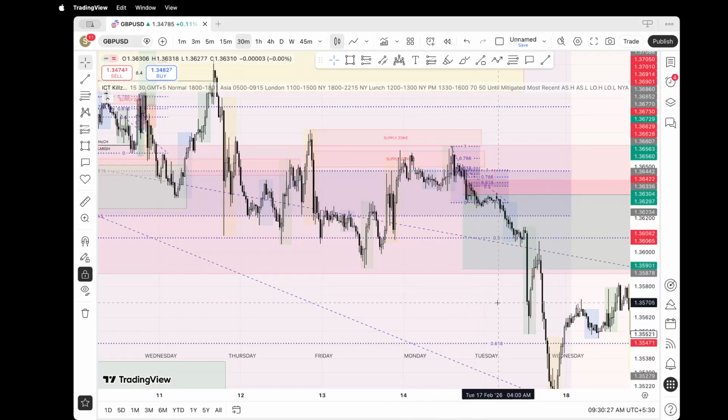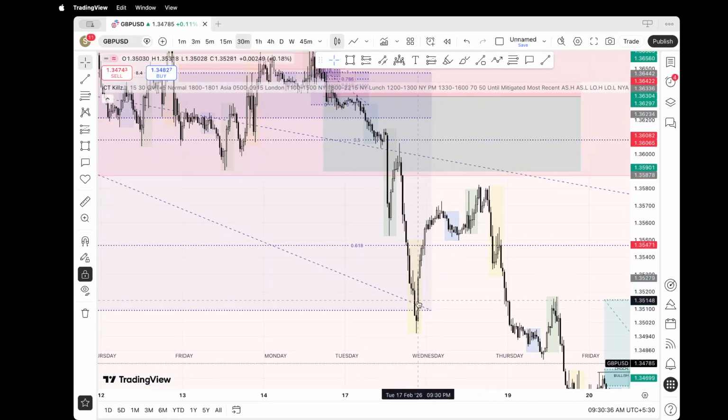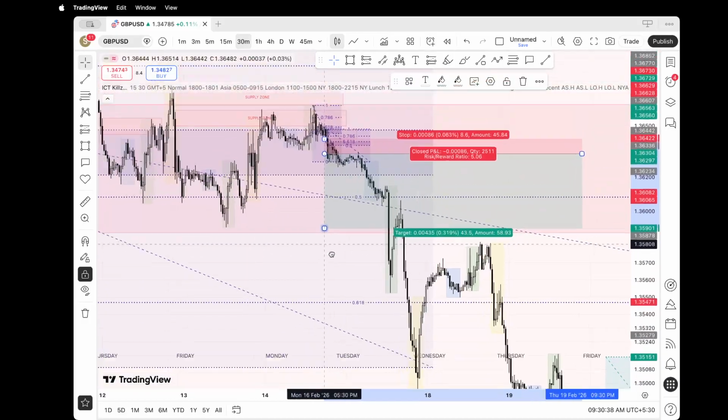So yes, we entered this good trade as well, and again I got out somewhere here, whereas in reality this trade would have done wonders.